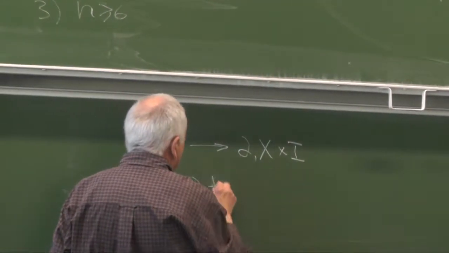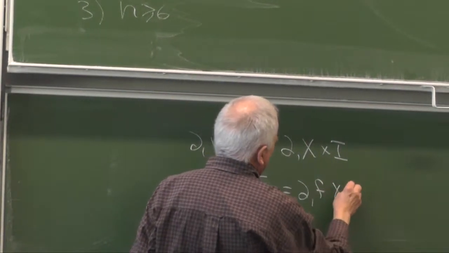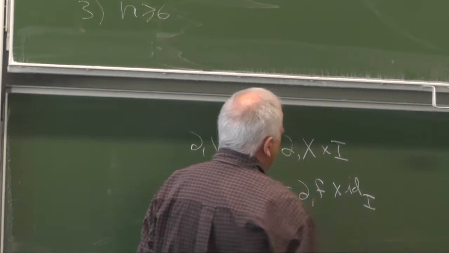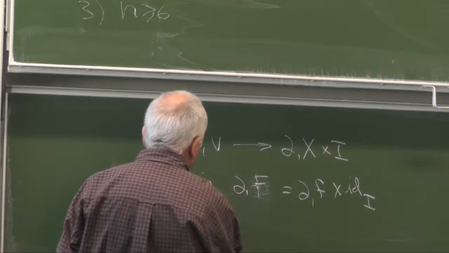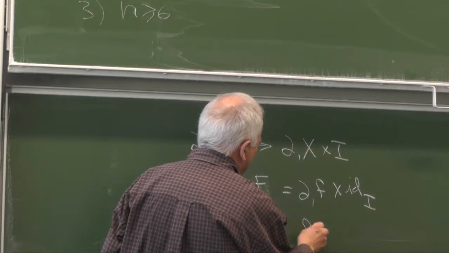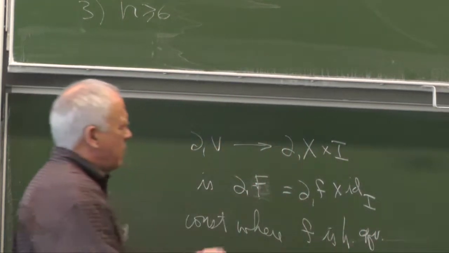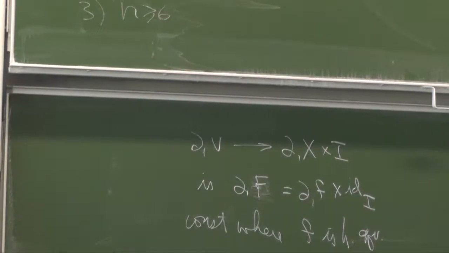Boundary 1 capital F is boundary 1 little f across the identity on I. So it's constant, where f is a homotopy equivalence. So that part of the boundary is already good, we don't change it.